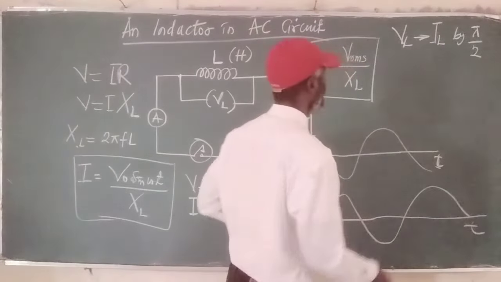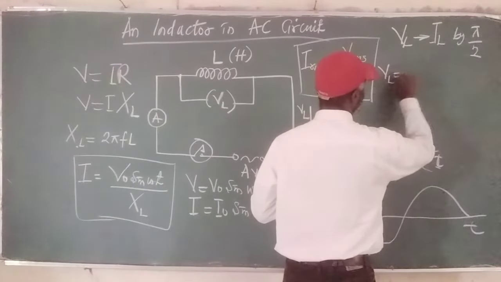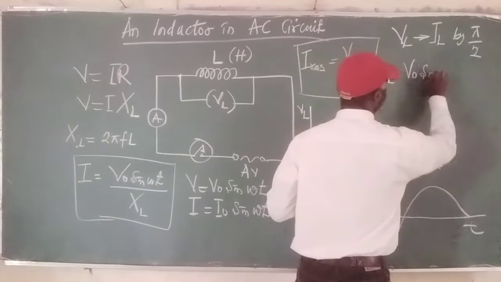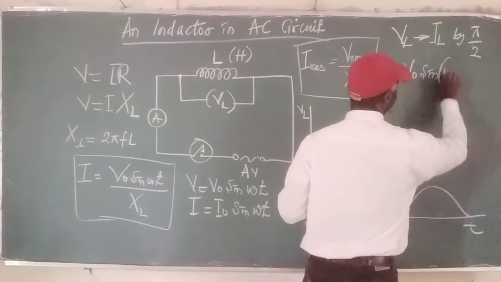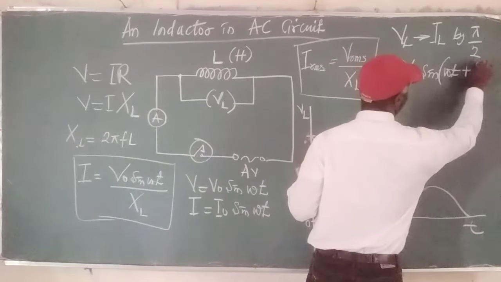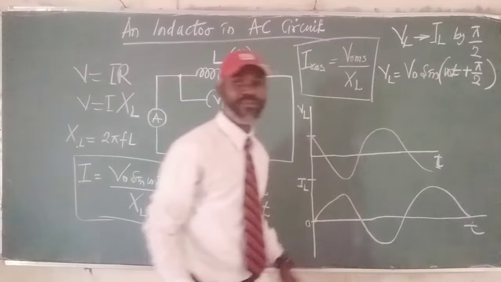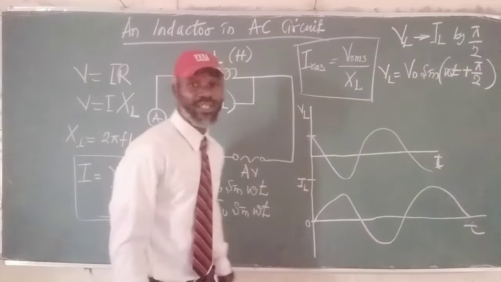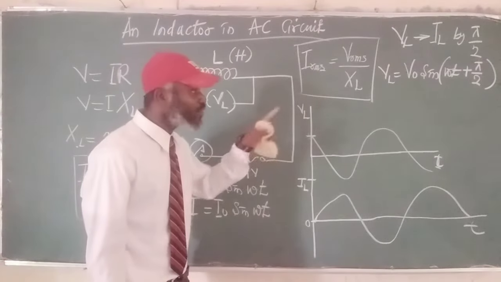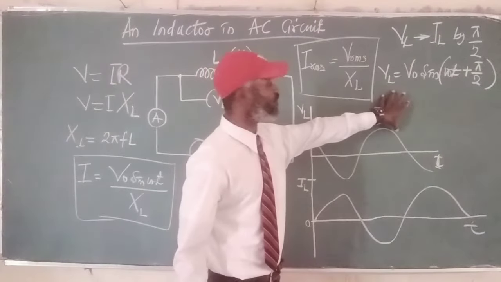So we can now redefine the inductive voltage as VL is equal to V naught sine, open bracket, omega t plus pi over 2. That's the factor by which it leads. We take note of that.